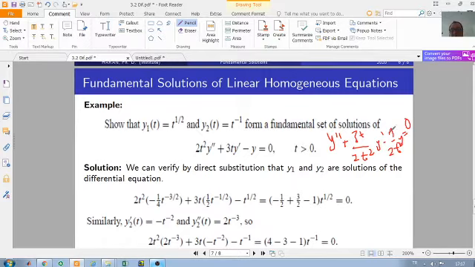So from here we understand that it is a homogeneous second order linear differential equation, because we have the coefficient functions and the right hand side is equal to 0.